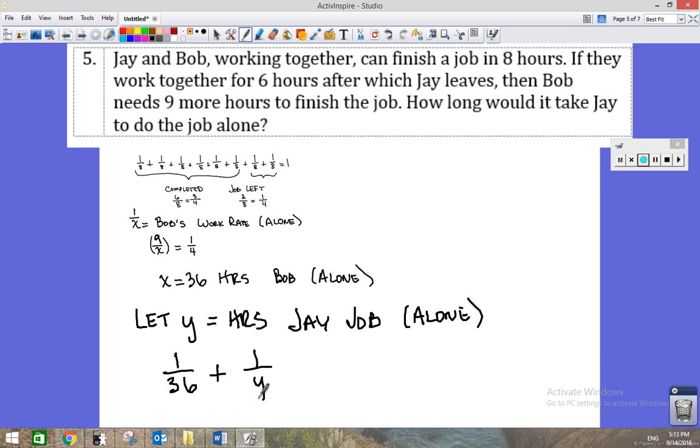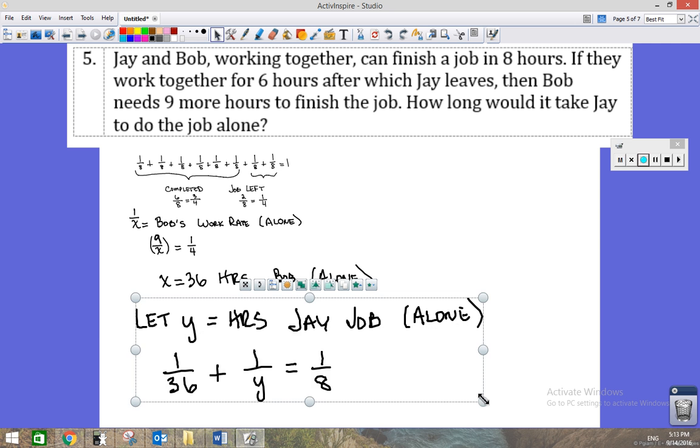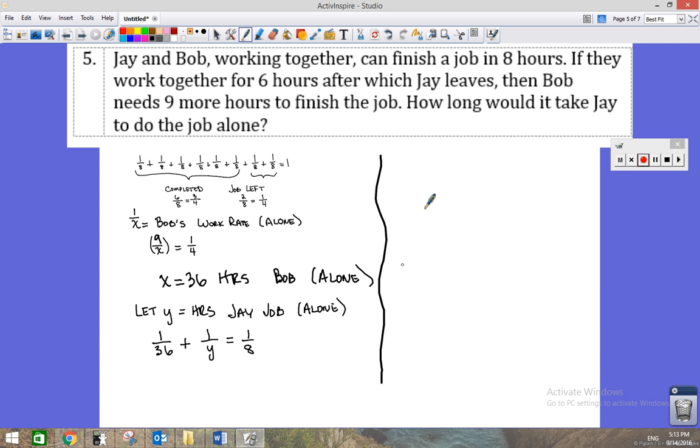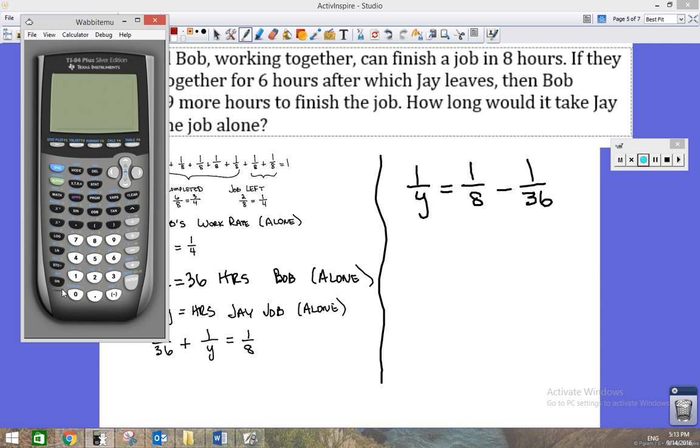J is getting 1/Y part of the job done, and together it would have taken them 8 hours. So now I can jump to the calculator and easily solve this for J. I'm going to continue over here. I've got 1/Y. I'll just take 1/8 minus 1/36. That'll tell me what 1/Y is, and then I'll hit the inverse button and I'll be done.